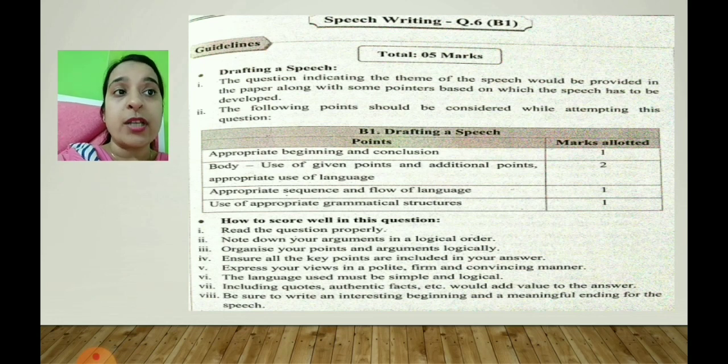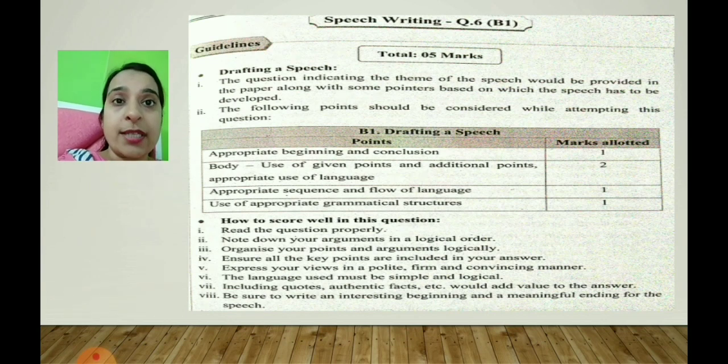And the following points should be considered while attempting this question. Now children, here see, drafting a speech, appropriate beginning and conclusion, that will fetch you 1 mark. So if you give a proper beginning and proper conclusion, you will get 1 mark. Then your body, use of given points and additional points, appropriate use of language.